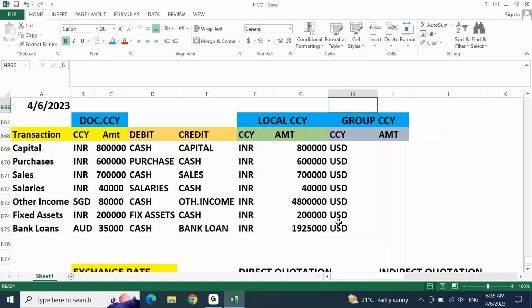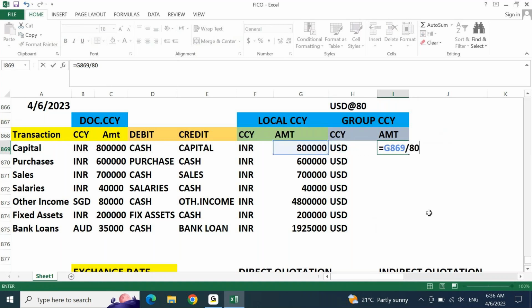Here I'll put USD at 80. How will I convert this number? 80 divided by 80. Why do we have to divide this? Why not multiply?